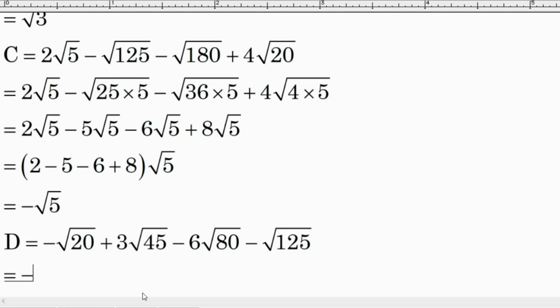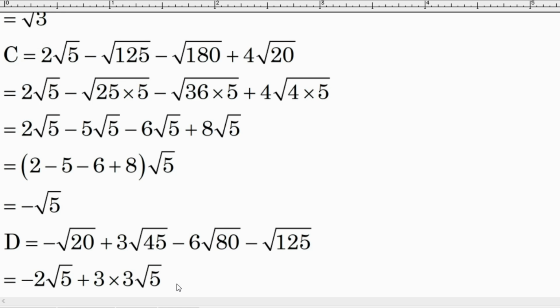Okay, then equal to minus, so square root of 20 could be written as 4 times 5. So square root of 4 is equal to 2, then that will be 2 square root of 5. And then plus 3 here. So square root of 45 could be written as 9 times 5. So square root of 9 is equal to 3, and that will be 3 times 3, and then square root of 5.